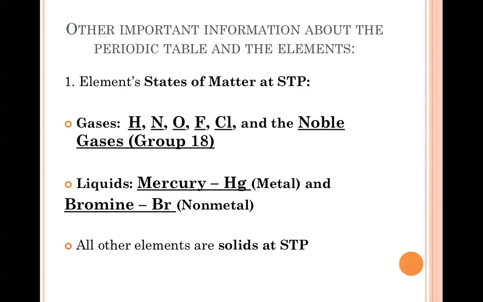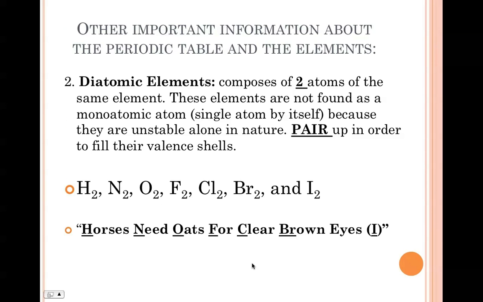Our gases are hydrogen, nitrogen, oxygen, fluorine, chlorine, and then all of group 18, the noble gases. Our liquids, we only have two. We have a metallic liquid, which is mercury, and we have a non-metallic liquid, which is bromine. All other elements are solids at STP, so you want to focus on knowing the gases and liquids, and then realizing that the rest of them are solids.